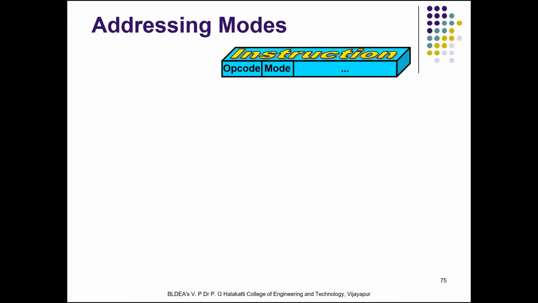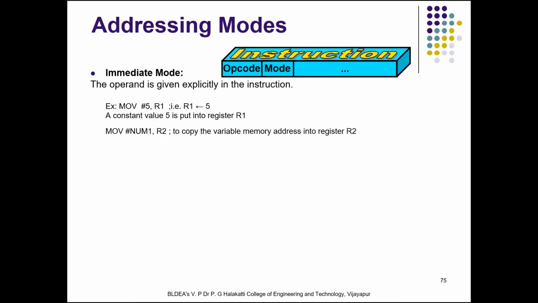Now let's have a look at the different addressing modes one by one. An instruction will usually contain the opcode and the mode of addressing. So let's have a look at immediate mode. In immediate mode, the operand is given explicitly in the instruction.